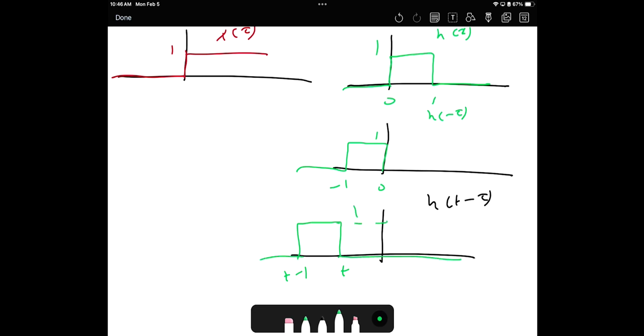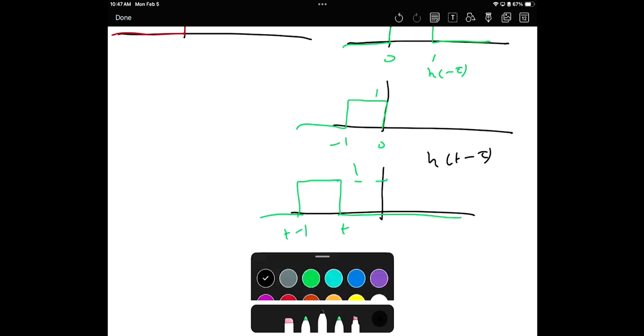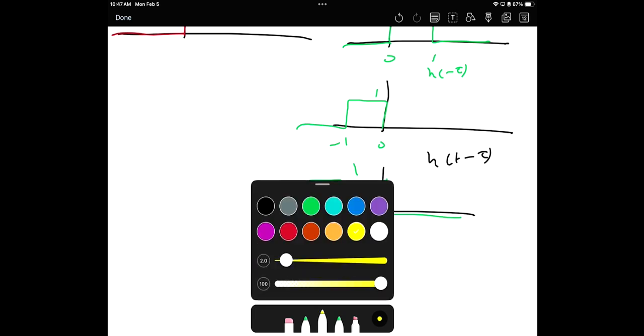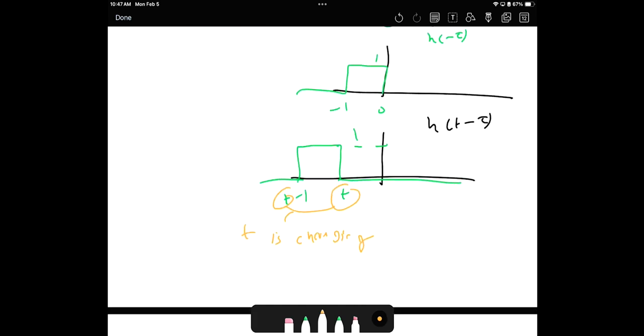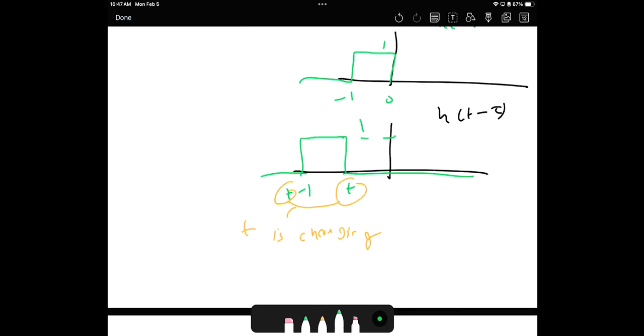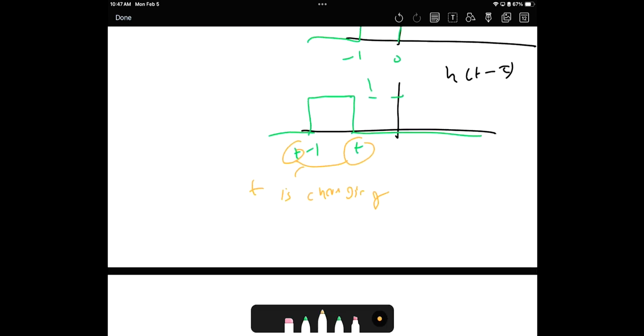Now, my concern is t is changing actually. So we have several situations. The first situation, let's try to imagine that h will be like this, then move like this, something like that, then half of it will be like this.